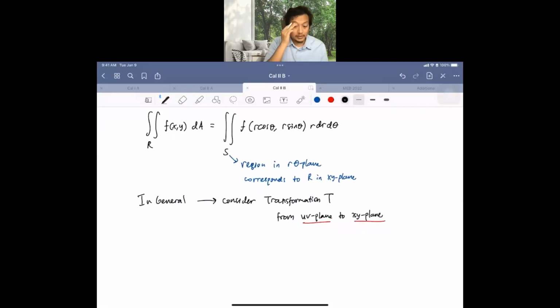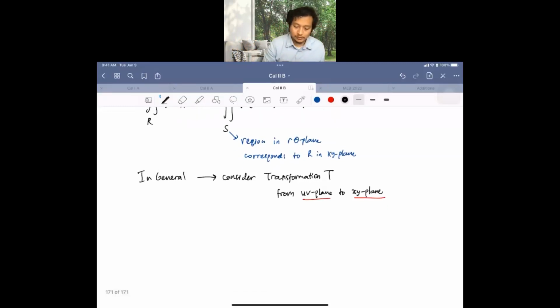Let's say we are going to convert the UV plane, so it's another plane, to the XY plane. And we are not sure what the correlation is between this XY and UV, but somehow we are going to correlate these two. So we write down the transformation as T transforming UV into XY. This is how we can write it in terms of mathematical notation.